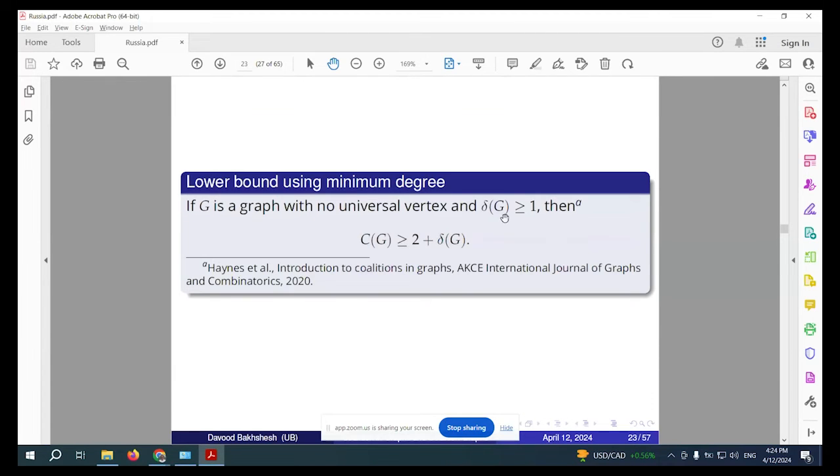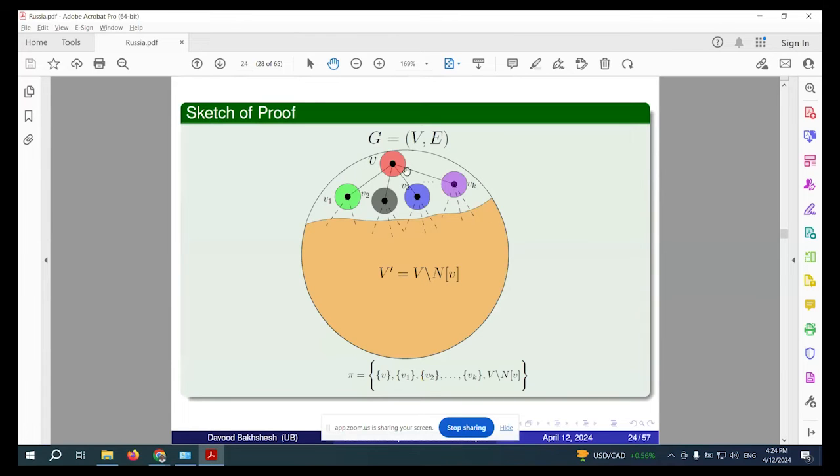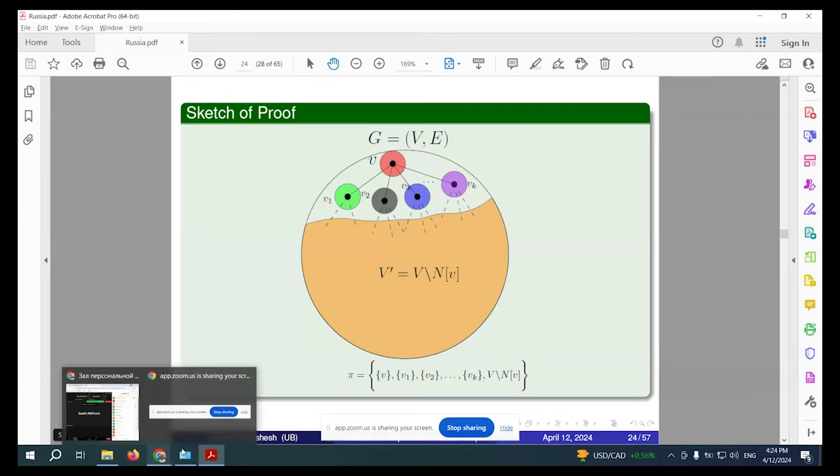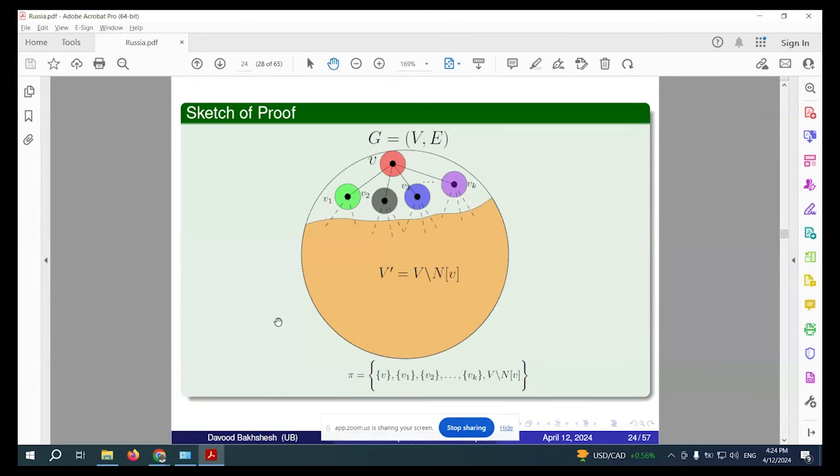To prove this result, consider a vertex v with degree equal to delta(G), and suppose that the vertices v1, v2, v3, ..., vk are the neighbors of v. Suppose that V' is equal to V minus N[v], where N[v] is the set of all neighbors of v together with the vertex v.